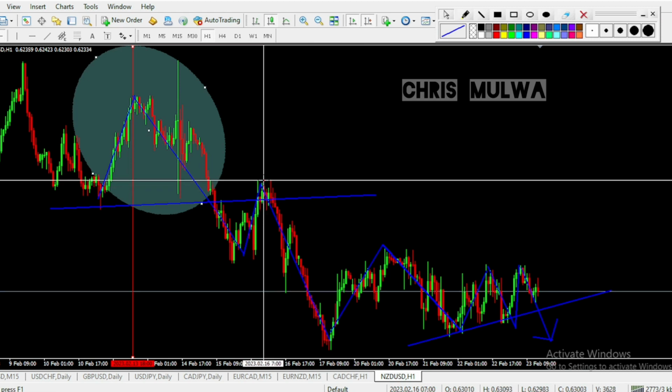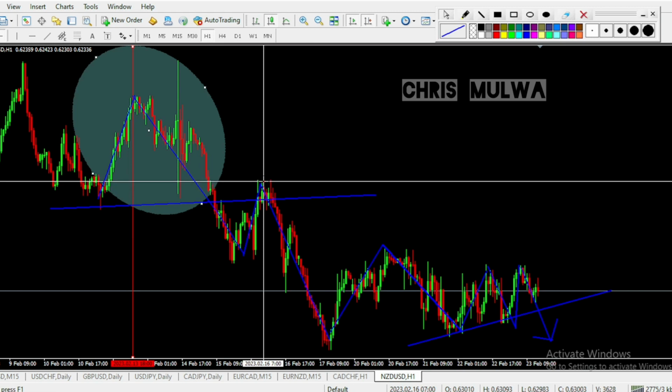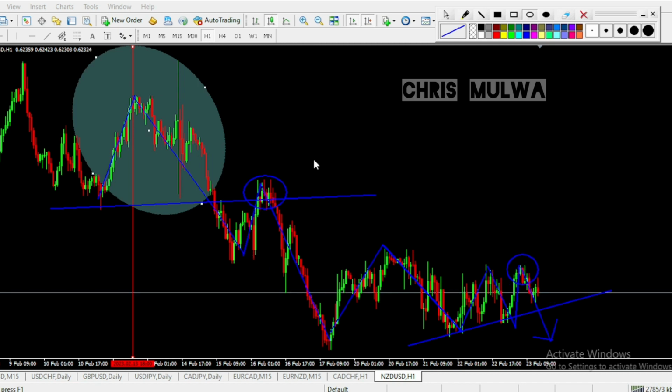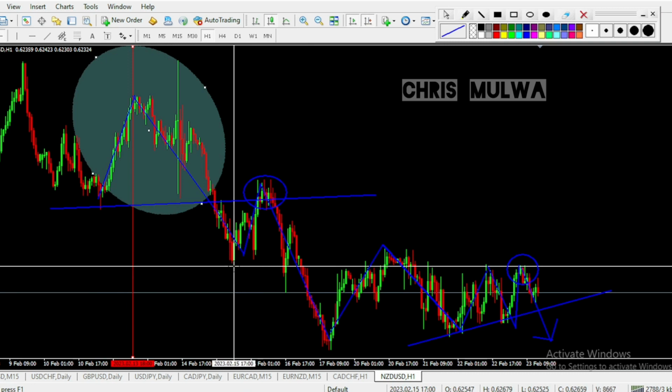Check what happened on the 16th around 5 p.m., a time like now. You see, the same thing that happened here is the same thing that has happened here. Let me check how many pips here. We use the crossbar to measure how many pips the market has moved. This is around 61 pips.